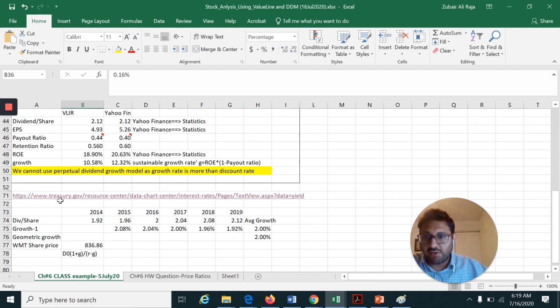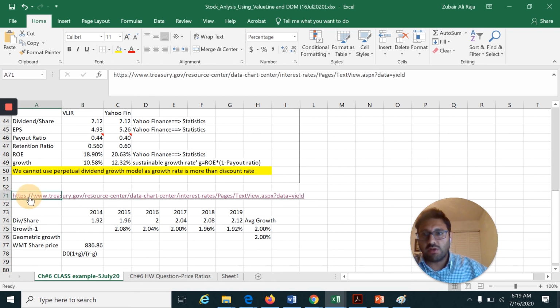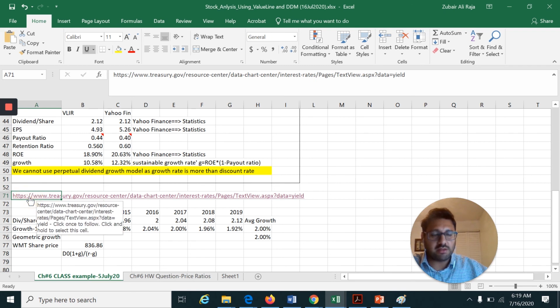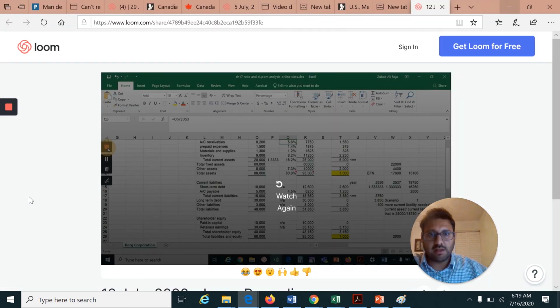So treasury.gov, if you go to the resource center and then the data chart center, eventually you'll get the interest rate. Simply try to Google it and you will find this link directly, the treasury rates, very easily from Google.